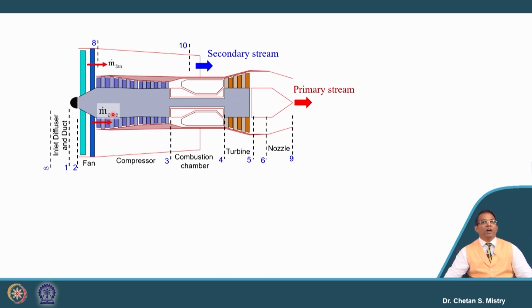In the same way, the other air that bypasses through this duct, I say that as m dot fan. Now, this air will be compressed in the compressor, which may be a single spool, two spool or three spool configuration. We will be discussing that as we move ahead.